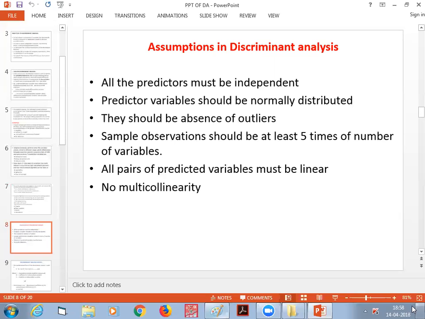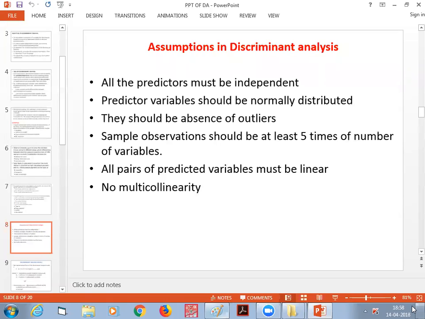Then the sample observations should be at least 5 times the number of variables. That is the minimum requirement. See, for example, in the high and low users example, I have chosen around 8 to 10 variables, let us say. If there are 10 variables, then minimum how many observations must you take? 5 times that, which means 50 observations.